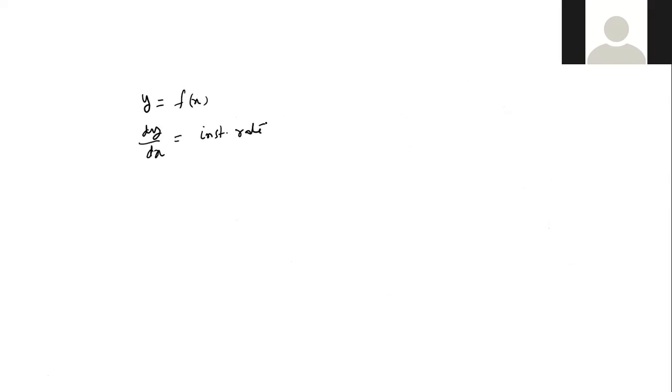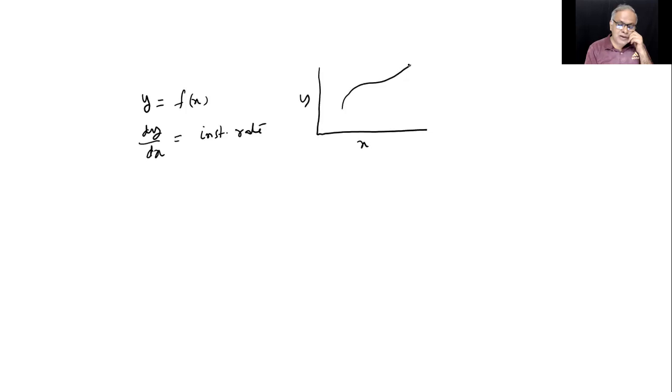Look, I'll do it in short anyway, in brief. If y is a function of x, y is f of x, dy by dx is what, children? Those who were there with me previously, tell me. This is called instantaneous rate, isn't it? Graphically speaking, if this is y, if this is x, some curve like this, what is dy by dx?